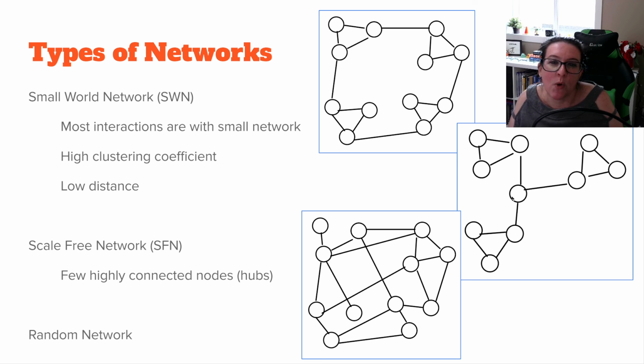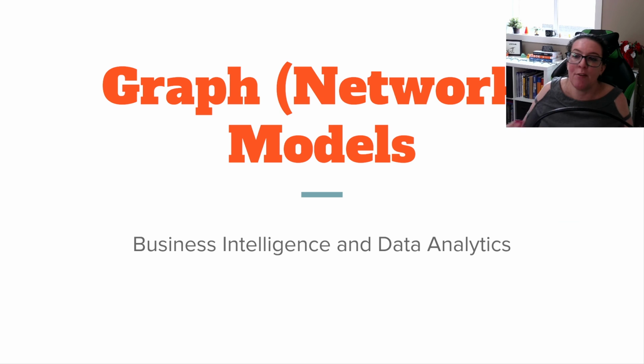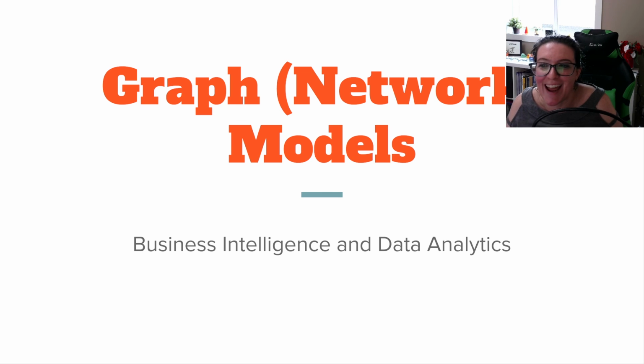So we are seeing more and more networks and graph models being used throughout machine learning. And in fact, the new area for generative AI is to use graph and network models in the generative AI models.